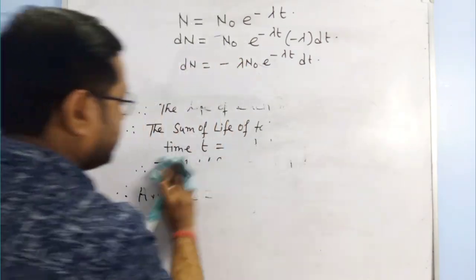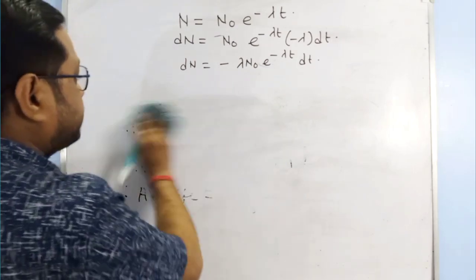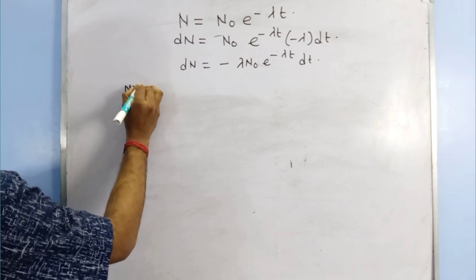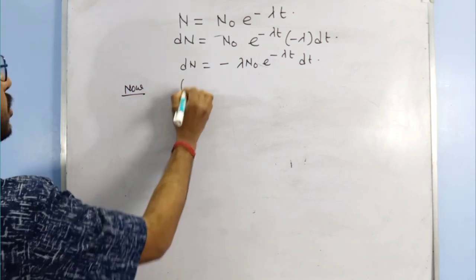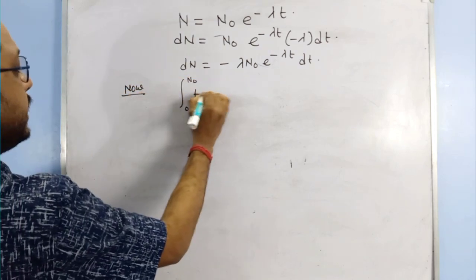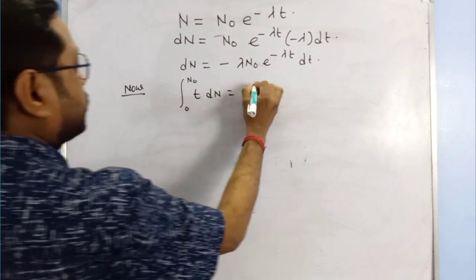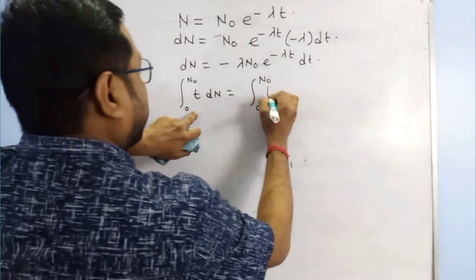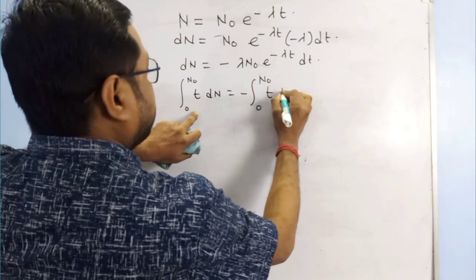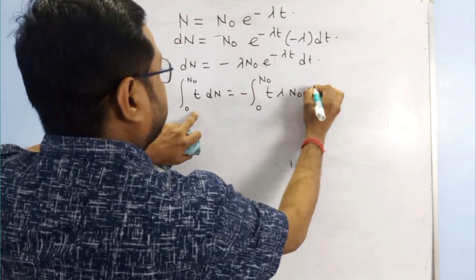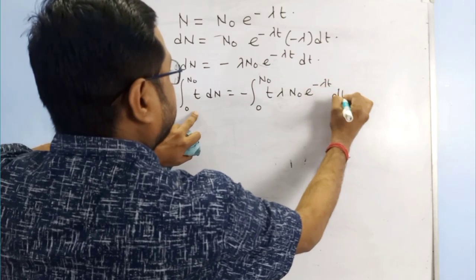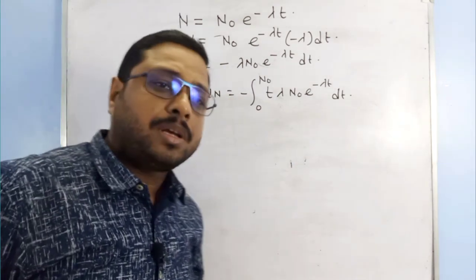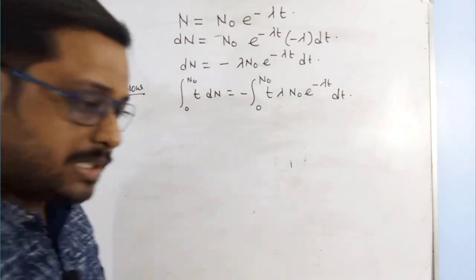Now, we can go with the integration from 0 to N0 of t dN. So, you get the integration of t, and the value of dN is minus lambda N0 e to the power minus lambda t dt. The negative sign I have already explained in my previous lecture.